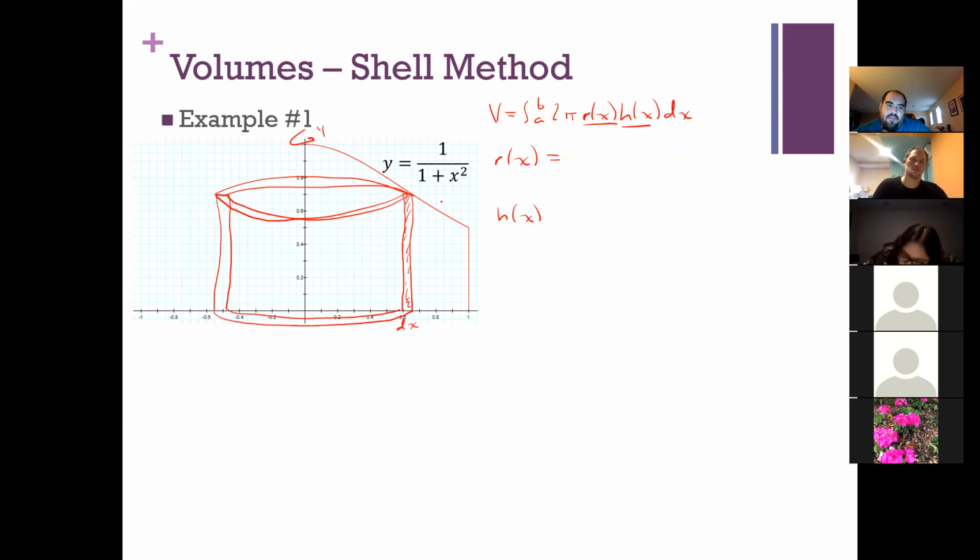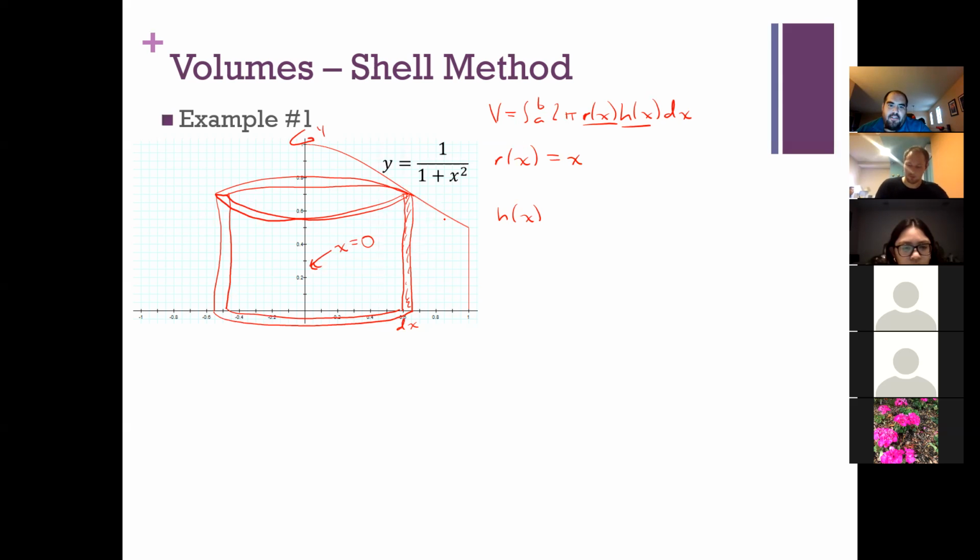So is it just going to be as simple as the x value? I mean, the x value from where, from the midpoint of the circle. But the midpoint of the circle is just x equals 0, the y-axis, right? So I can simply say that the radius is equal to x.